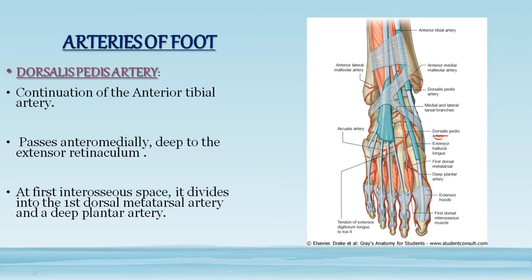The dorsalis pedis artery is the continuation of the anterior tibial artery. After passing through the extensor retinaculum, the dorsalis pedis artery runs anteromedially on the dorsal aspect of the foot.